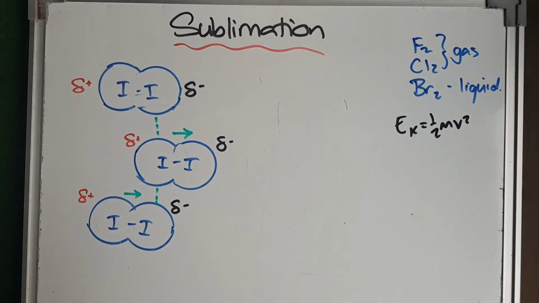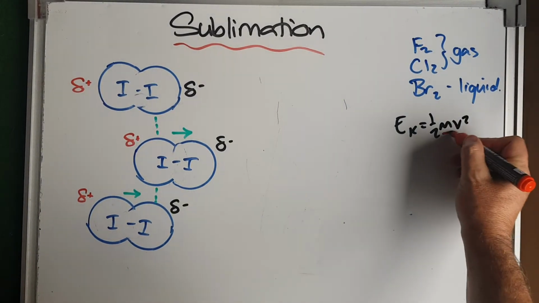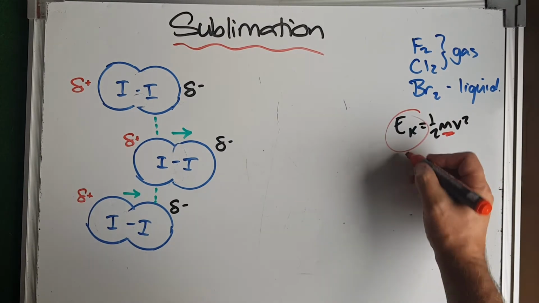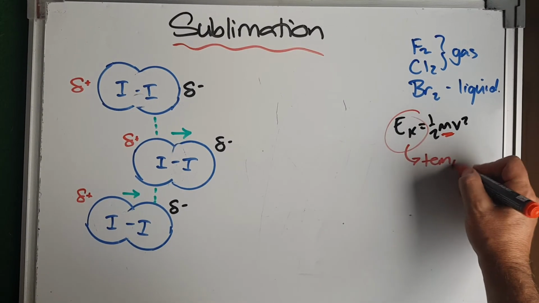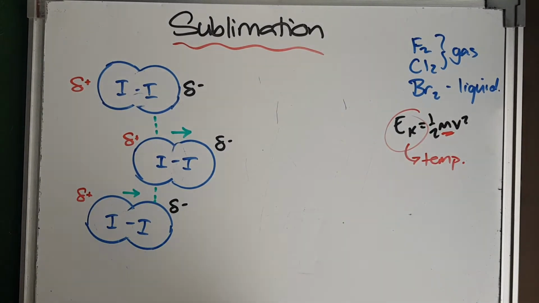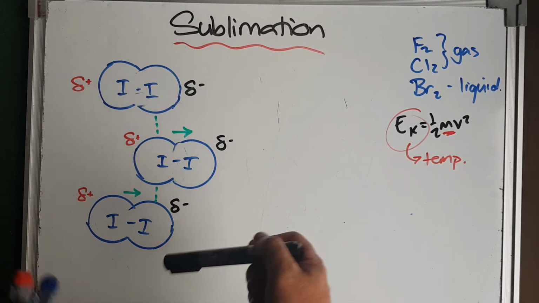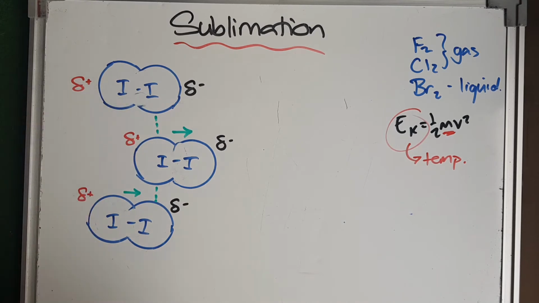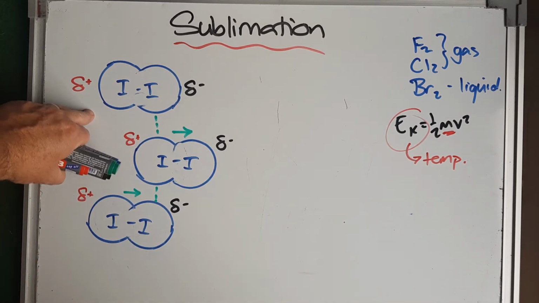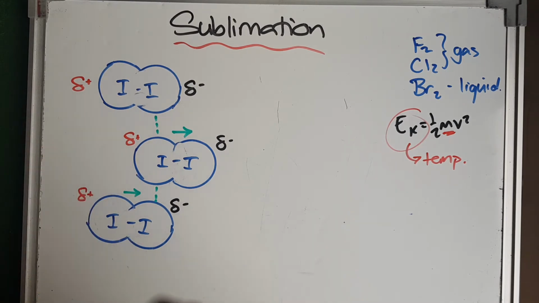Well, if mass is much, much higher, for the same amount of energy, which is linked to our temperature, then they're not moving as fast, so they're more likely to get caught, as it were, and therefore these be induced. So iodine is a solid because of its large mass and its large electron cloud, therefore more instantaneous dipoles, more induced dipoles, and what it does is it creates a three-dimensional lattice of iodine that is an iodine crystal.